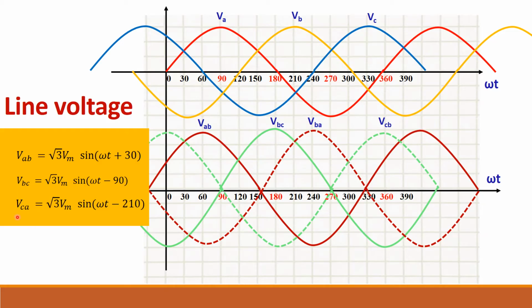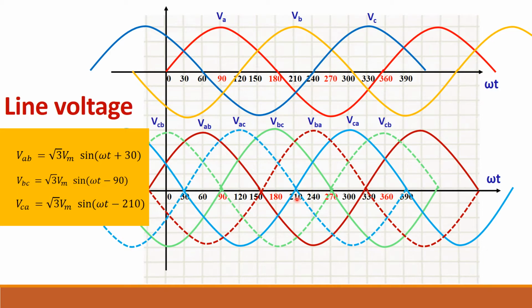Next draw VCA. It is lagging by 210 degree. So 210 is here. Draw from 210, you will get VCA. And just the inversion of that, like this, you have VAC.